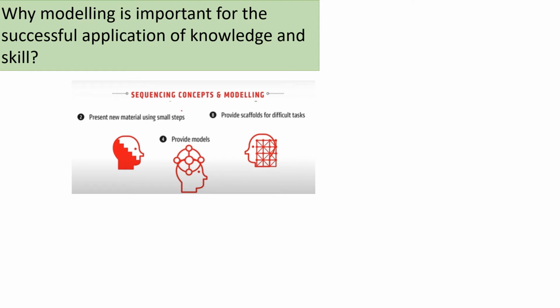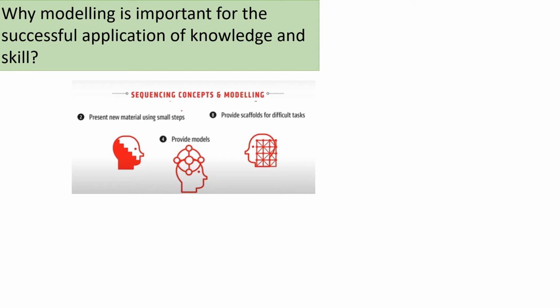And in Tom Sherrington's book, when he talks about applying Rosenshine's principles, he talks about presenting new material using small steps, providing models and providing scaffolds for difficult tasks. And each of those things go hand in hand to making learning feel, first of all, accessible for the student and ensuring high levels of success and that students feel that success.